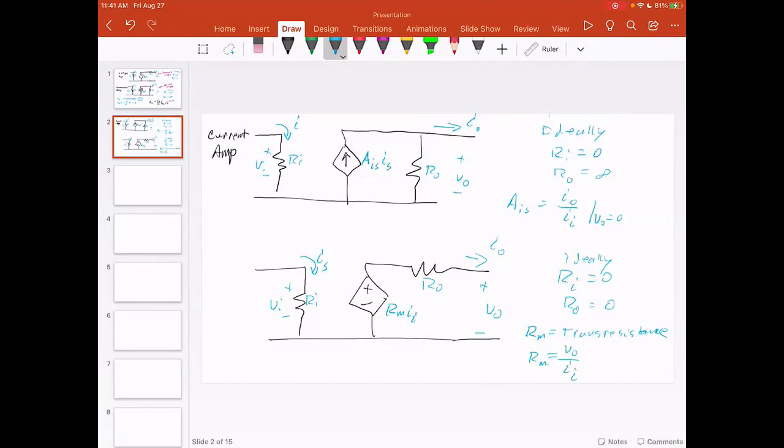So we transform a current into a voltage when I out is 0. That's an open, right? And this is a short. So it's a trans resistance amplifier.